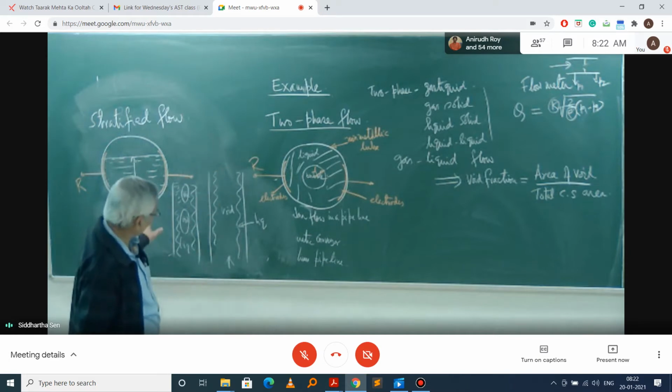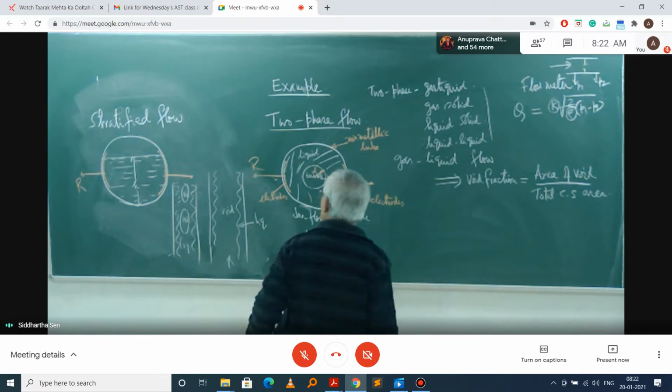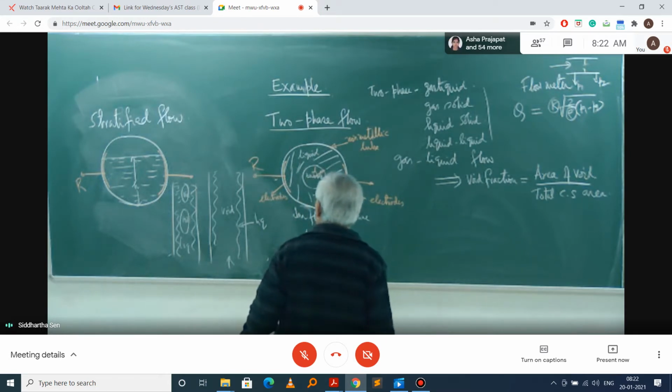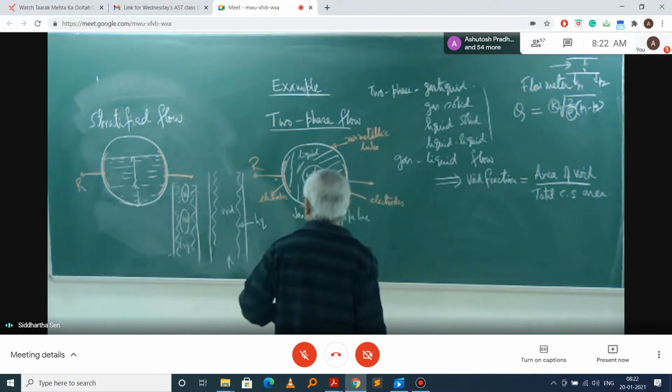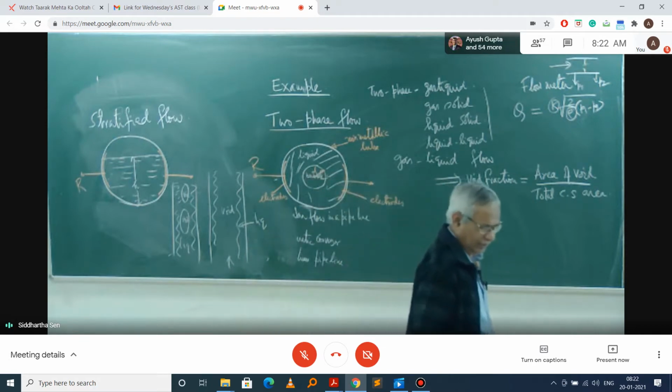So there are many stages. I agree with you that there are many stages of this two-phase flow, annular flow, Taylor bubble, and so many other types of things there.